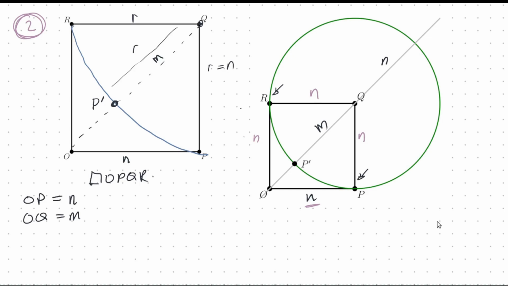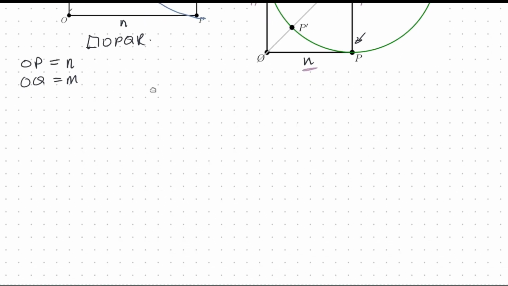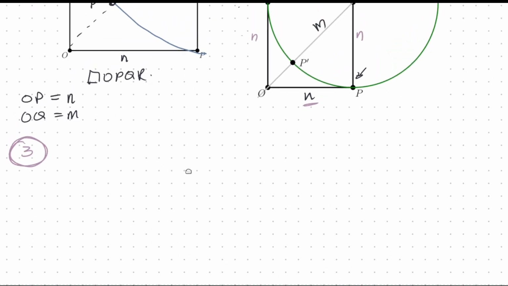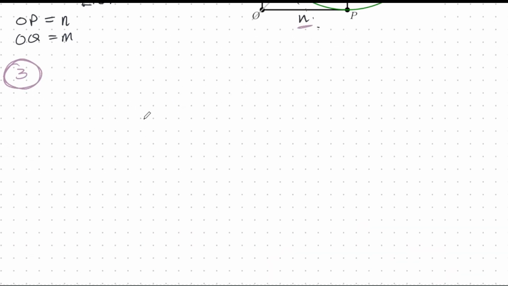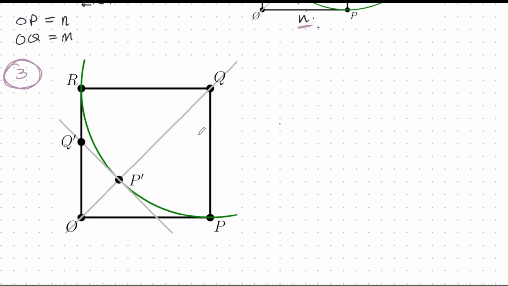Okay, great. So what we're going to do now is draw a perpendicular line right on point P prime. And I will zoom in to show you that here. So here I've zoomed in on the most important part of that figure. We've got our circle here in green. We've got our point P prime over here.